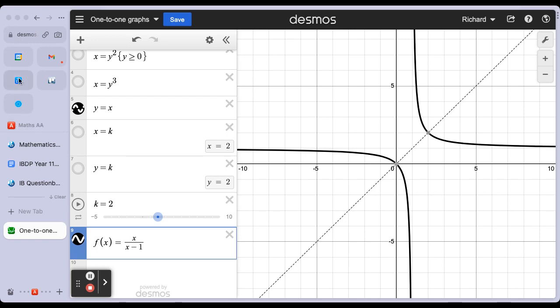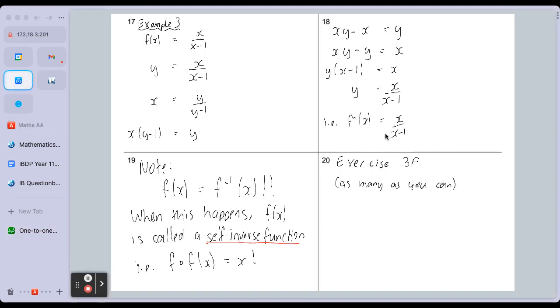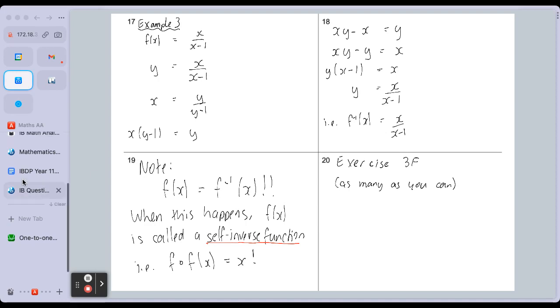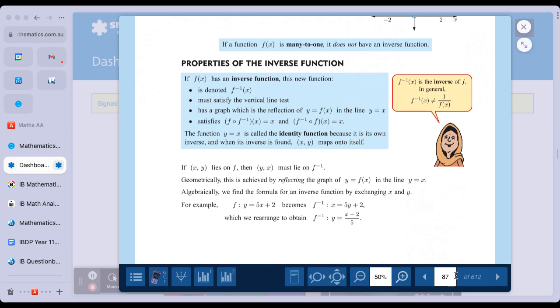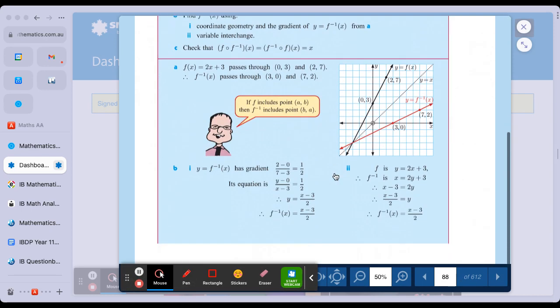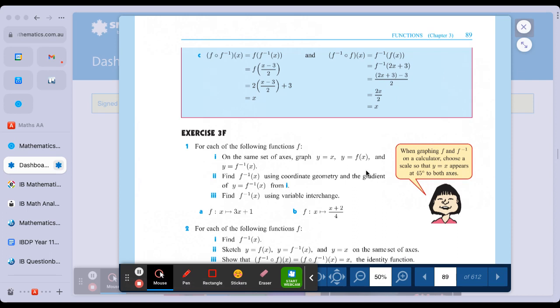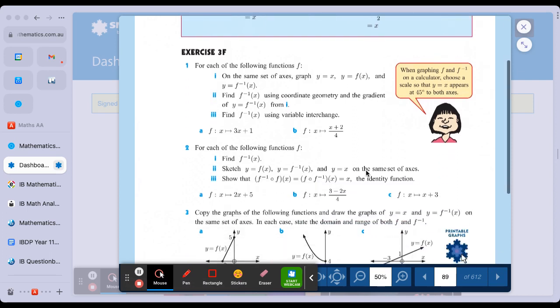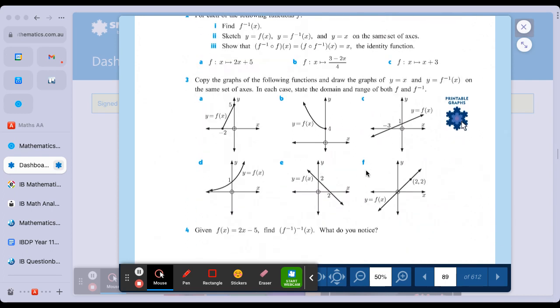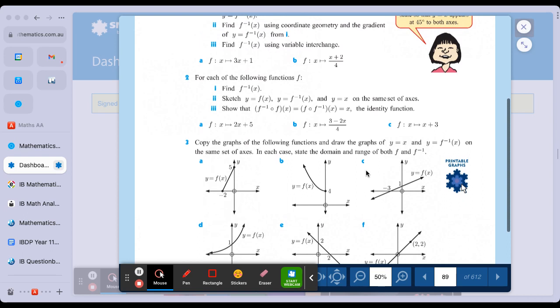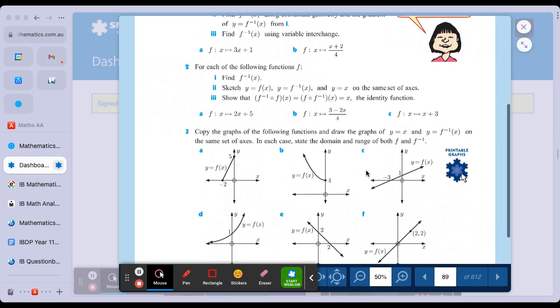So there you go. What you're going to do now is exercise 3F from your textbook. It starts on page 89. I want you to know that a lot of these graph types are ones that you haven't seen before.